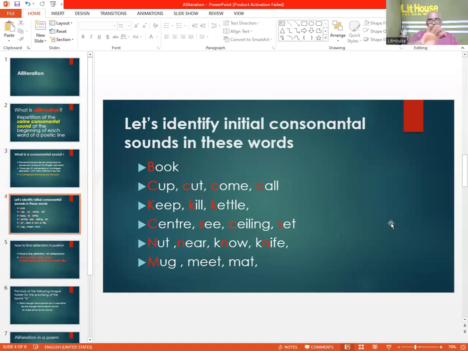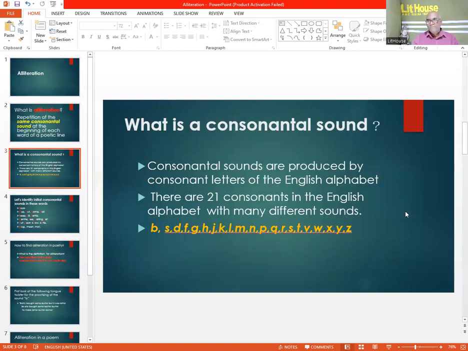You know the 5 vowels: A, E, I, O, U. When we remove these 5 vowels from the alphabet, the rest is the consonants.